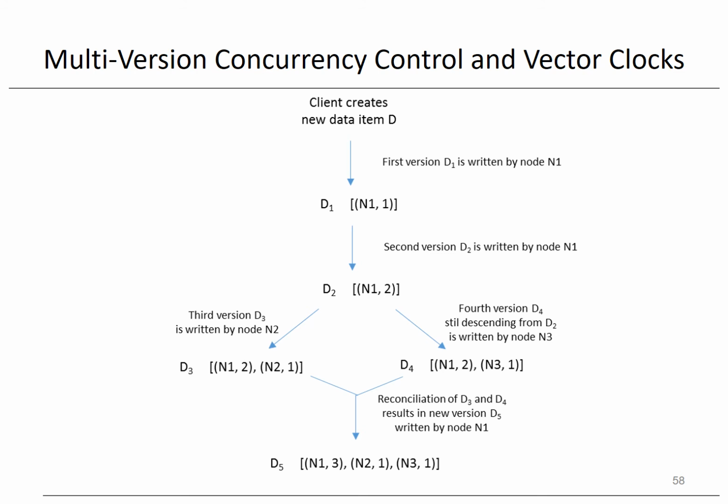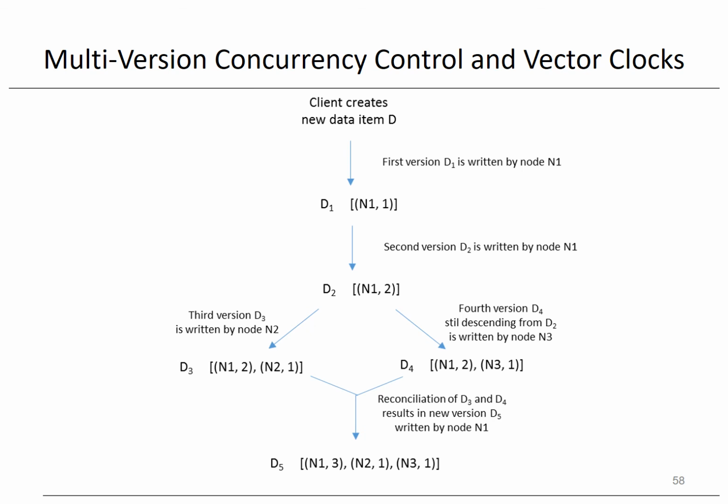Then, once more, the client updates the data item, but now the write is handled by a different node, N2. This results in a third version, D3, of the data item, which descends from D2 and which is the first version written by N2. The vector clock therefore becomes N1, 2, N2, 1.